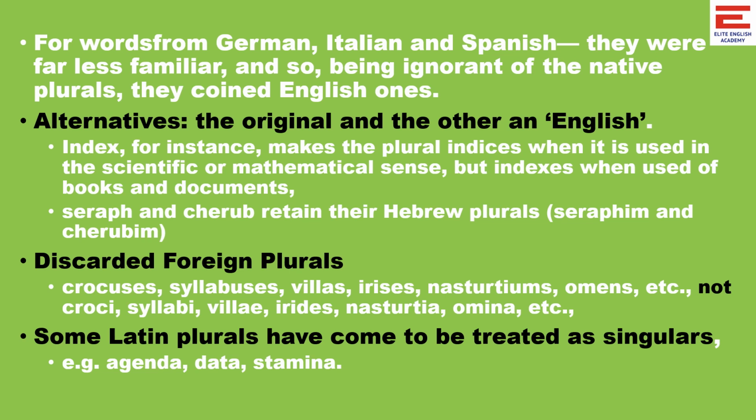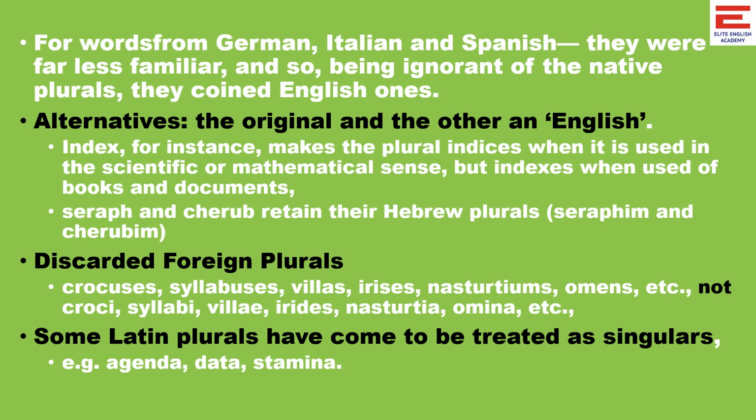Sometimes the root word will be in the original language, but the plural will be from English, like crocuses, syllabuses, villas, irises. So it goes like that. The important factor is that base words are added with 'es' or 'ies', and then the plural is made in English.